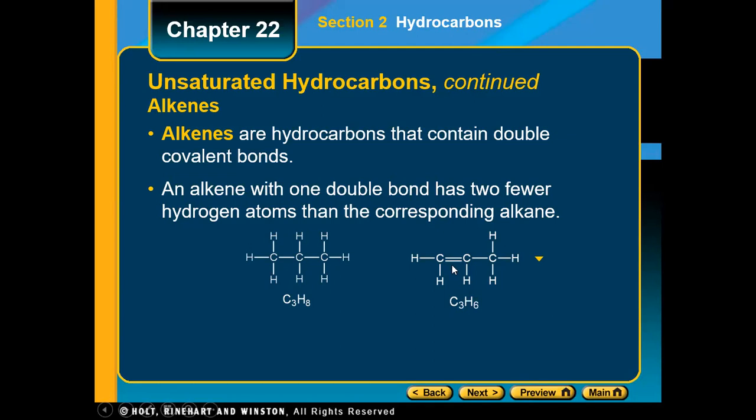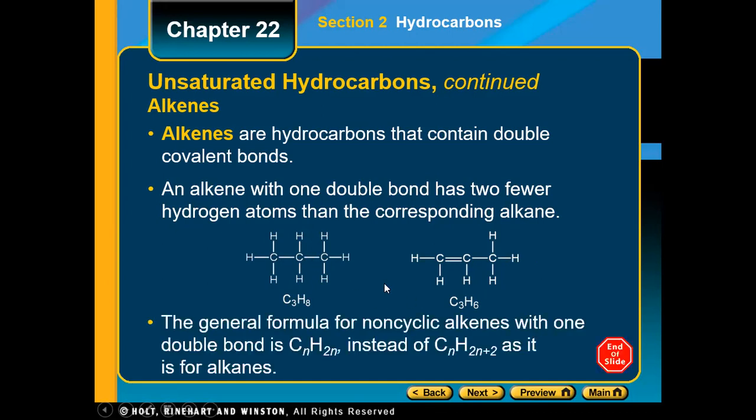Now, if you want to have a double bond, you need to remove these two hydrogens. These two hydrogens disappear, and now these two bonds will just come together and form a bond in between the two carbons, okay? That would be the double bond.